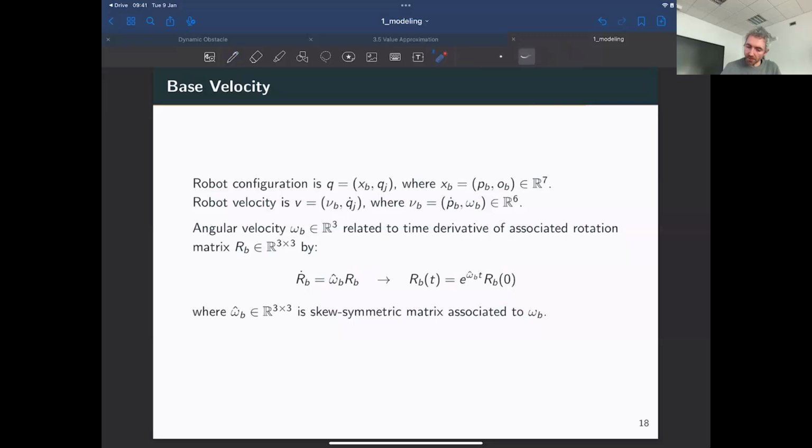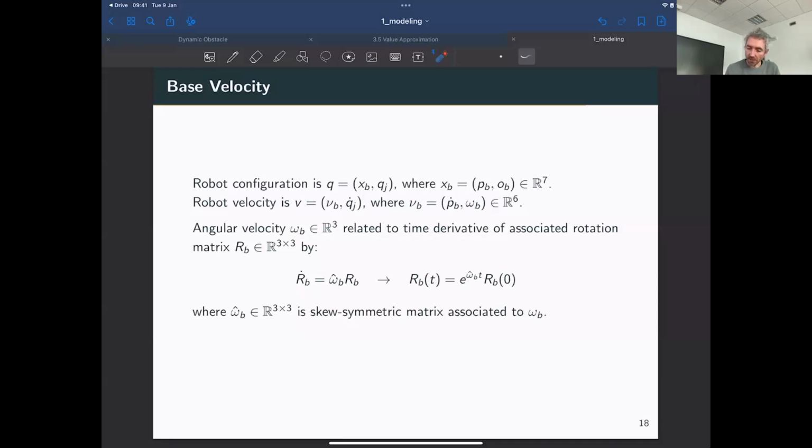So here we can see that there is a direct relationship between the angular velocity and the rate of change of the rotation matrix, R. So this R would be the 3x3 rotation matrix, which you should be already familiar with because that's the most common way of representing rotations.